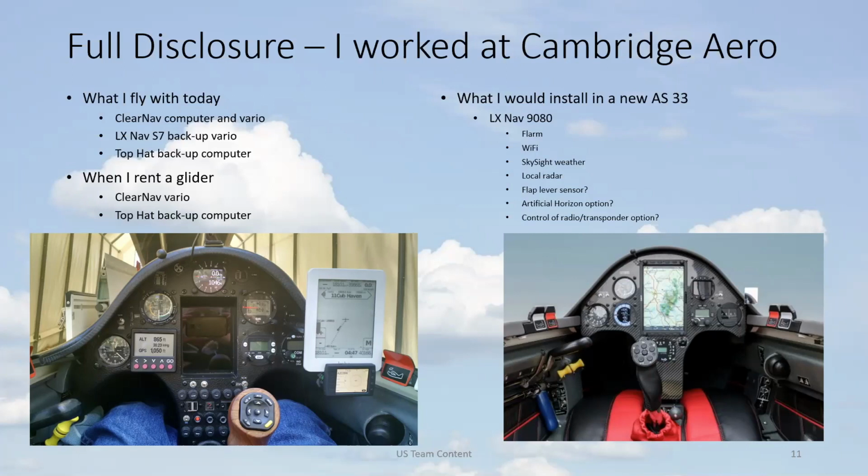The 950 is smaller than standard. The 970 has a larger screen than standard. The 980 is an integrated vario and moving map screen, but they're all basically the same unit, and they use the same software, and the software is interchangeable. So I thought people might find that helpful.